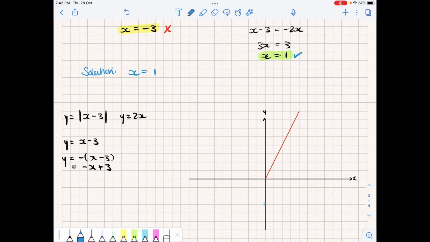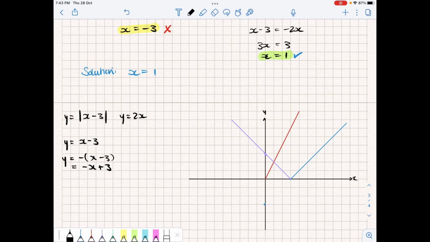And we have a gradient of 1. And so we can sketch this function like this. Right, again, I'm going to ignore the solutions below the x-axis because this is a modulus function. Okay, the negative version of this has a gradient of minus 1 and an x-intercept of plus 3, which is over here. And we're going to get something more like this.